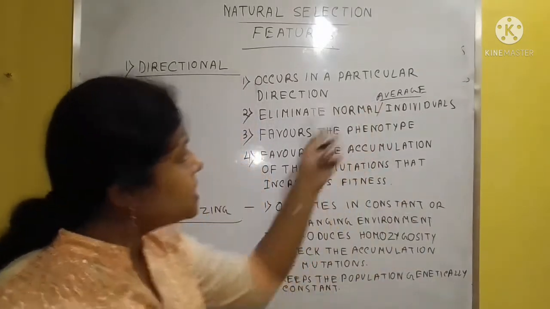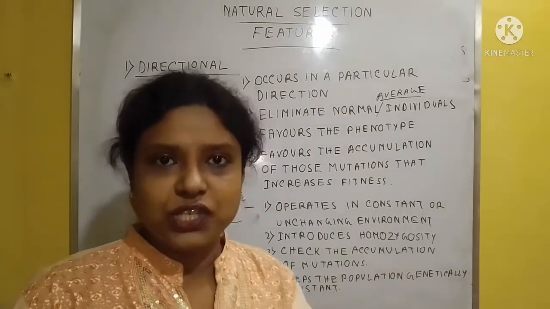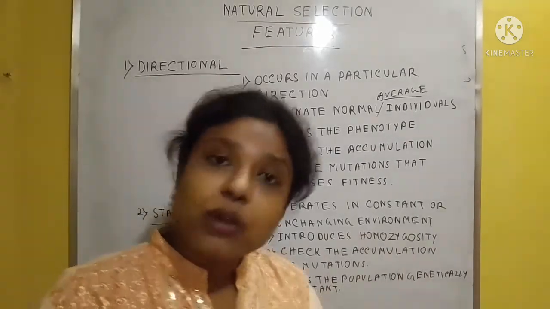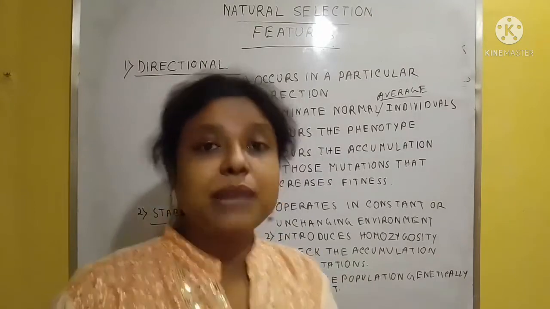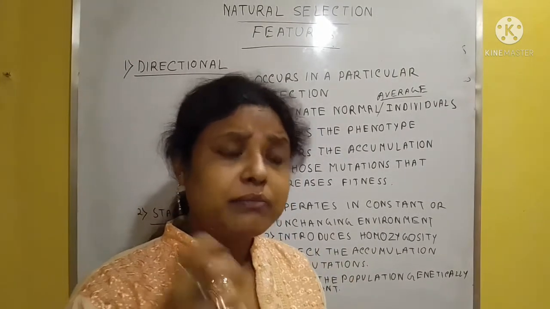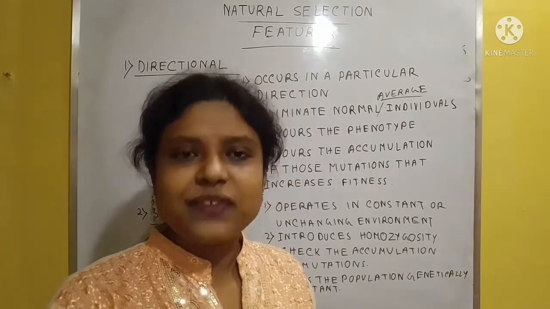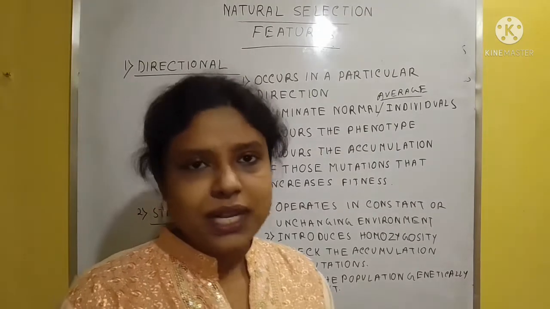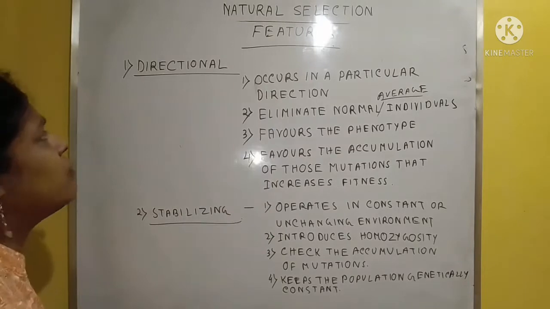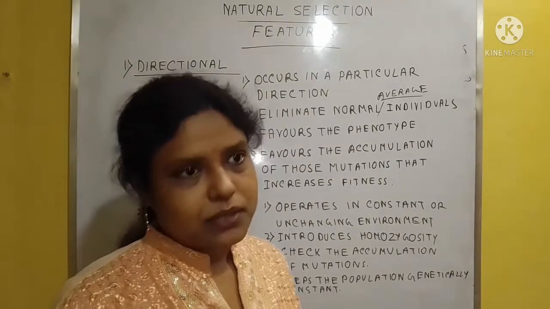So in natural selection, the new features present within individuals which are very important for them, which help them fit with the environment, are kept. Otherwise, after mutations, a new genetic character that is very harmful to the species will totally disappear. Clear? So these are the features in case of directionally selected animals or plants.